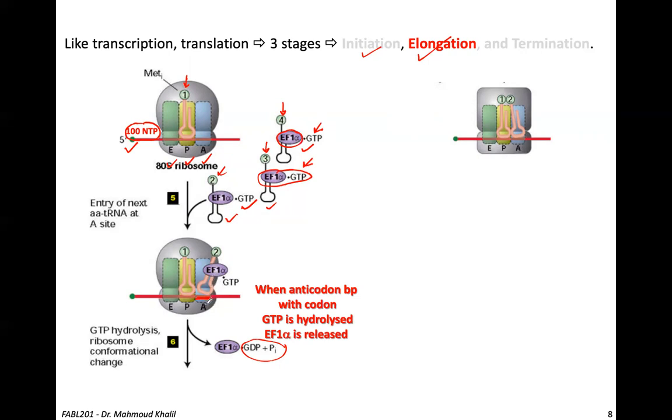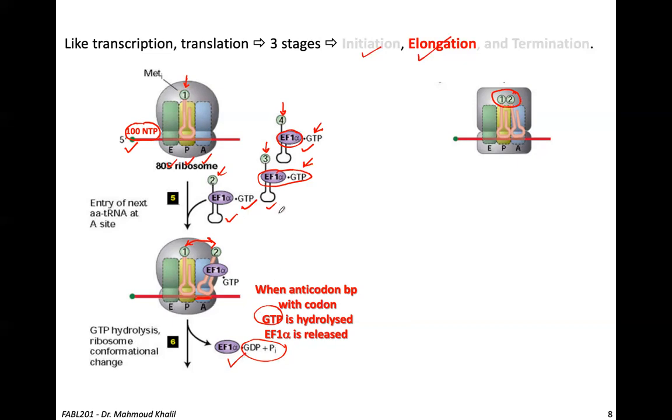And now the ribosome will undergo a conformational change that leads the amino acids to get closer to each other instead of being away from each other. And all this is facilitated by the energy released from the hydrolysis of GTP from elongation factor 1 alpha.